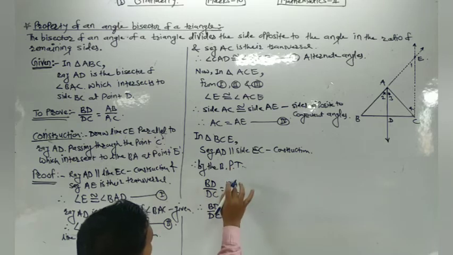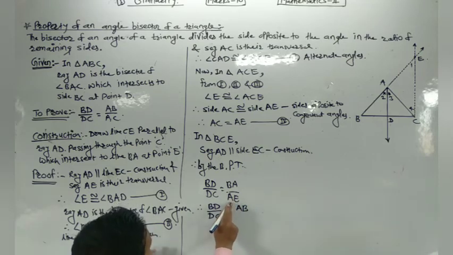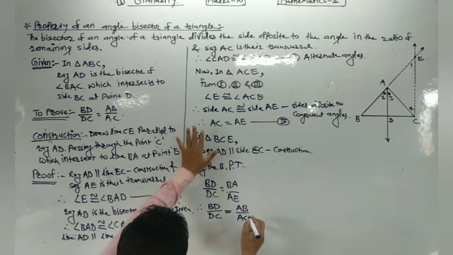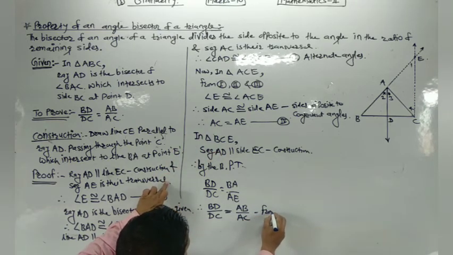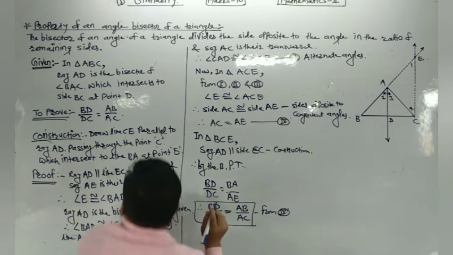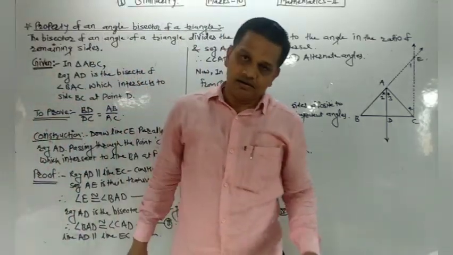Instead of this BA we can write AB because AB and BA are the same. And instead of this AE we can write AC. Why AC? AC equal to AE, from equation number 4 we have changed this. Hence we have proved the angle bisector property of a triangle.